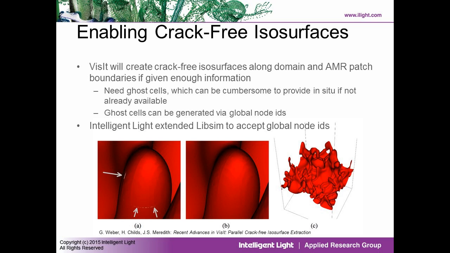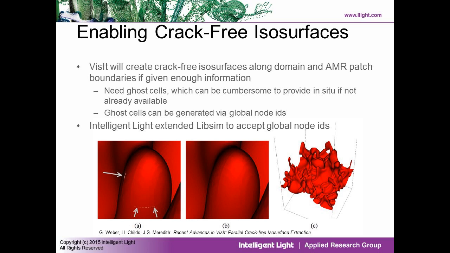Now, we initially didn't have that, and it can be quite cumbersome in a code to generate all that stuff, especially if you have to do your own communication from the different processor neighbors. So VisIt actually has some machinery to automatically generate ghost cells when needed. It just needs some hints about how to do it.